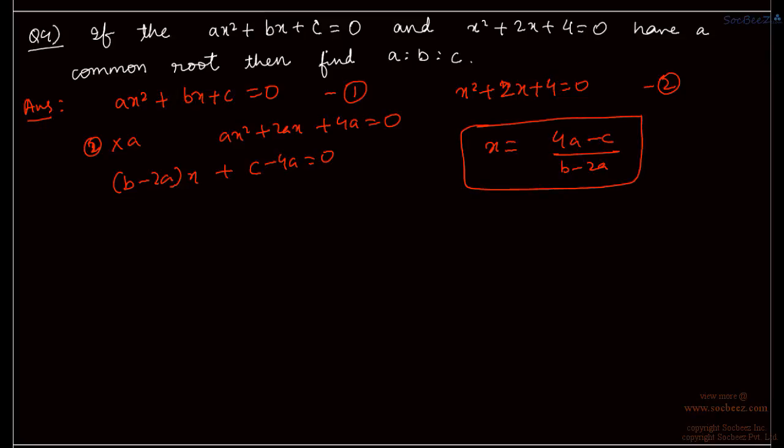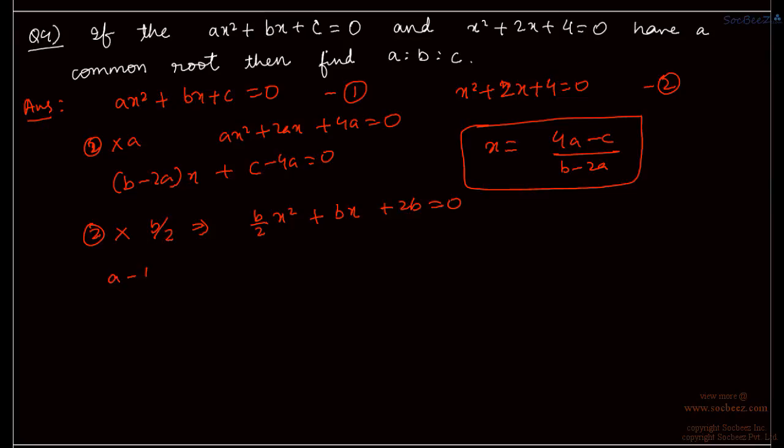Similarly, I now multiply the second equation with b by 2. Fine. What does that give me? So I have b by 2 x squared. Now 2 times b by 2 gives me b, so bx, and 4 times b by 2 gives me 2b.